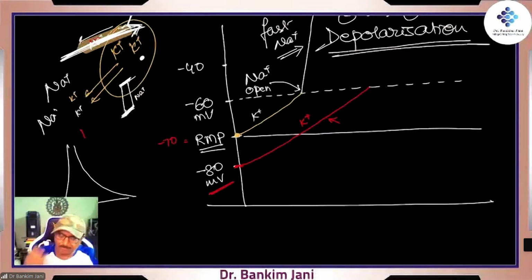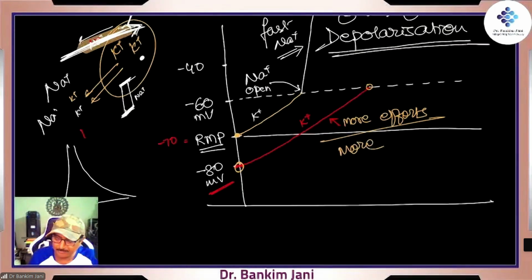Poor potassium worked, and once minus 60 is reached, then the sodium would take over. But till that point, sodium channels won't open. So if the resting potential is decreased, it will require more effort and more time to reach the trigger potential.